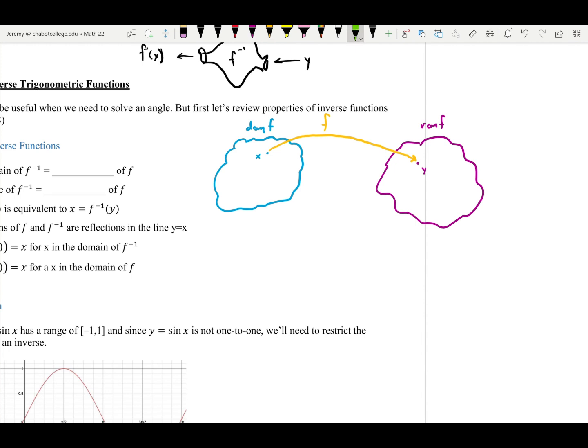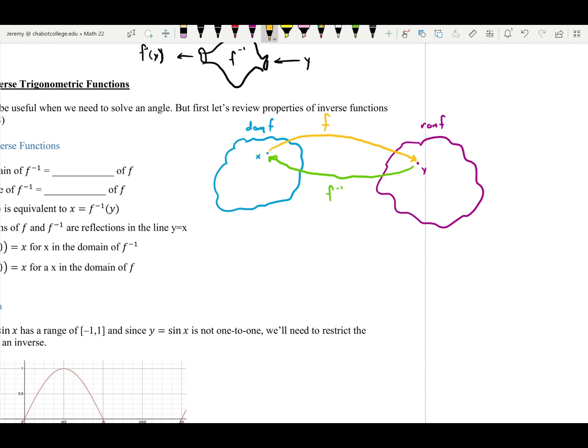Now, how is the inverse function f inverse going to fit into this picture? Well, remember, f inverse just takes whatever the y value is and sends it back to the original x value. So f and f inverse kind of undo each other, right?